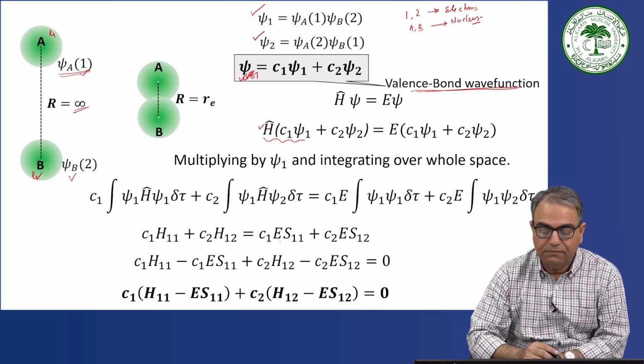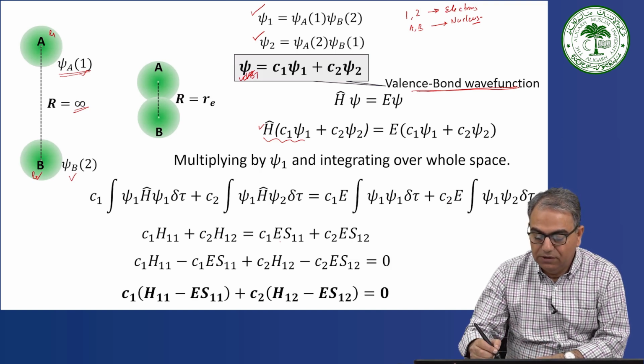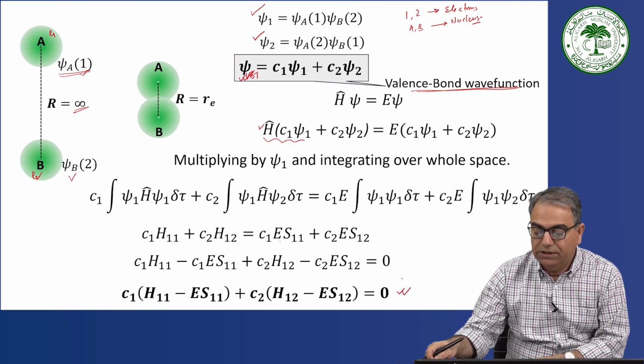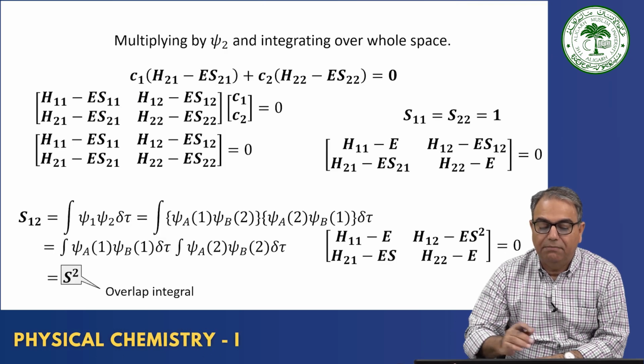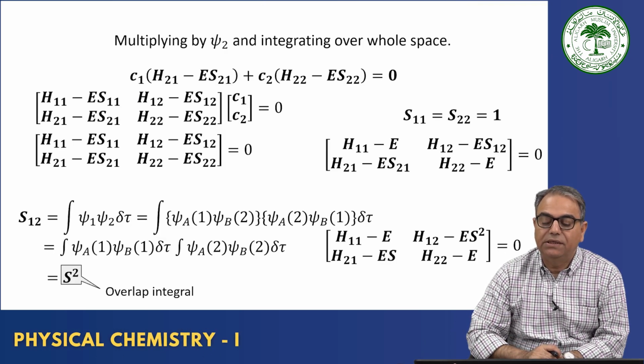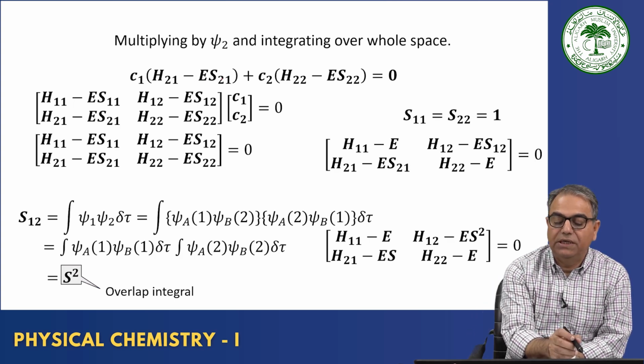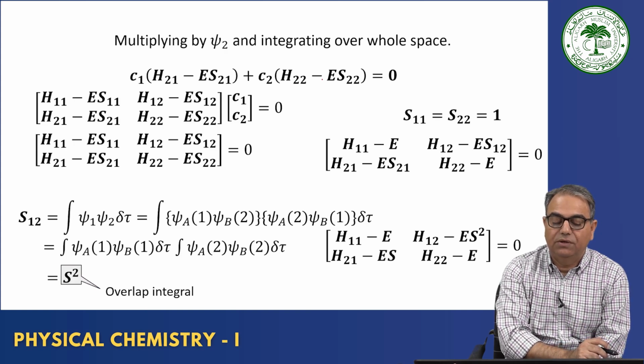Okay, this equation we got. We can get a similar equation by multiplying by psi 2 and integrating over whole space, and that equation will be C1 (H21 minus E S21) plus C2 (H22 minus E S22) is equal to 0.